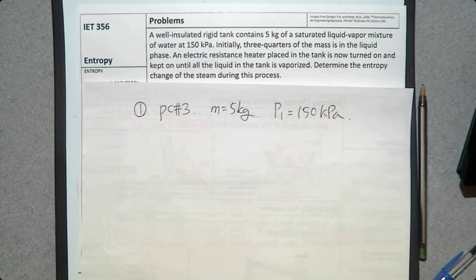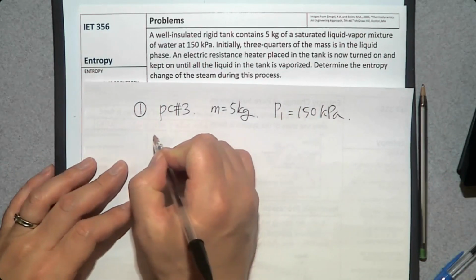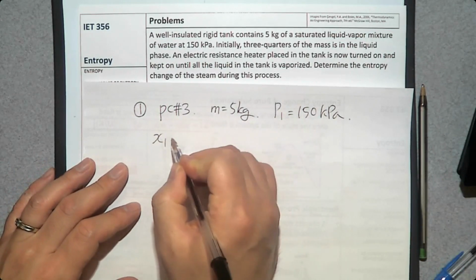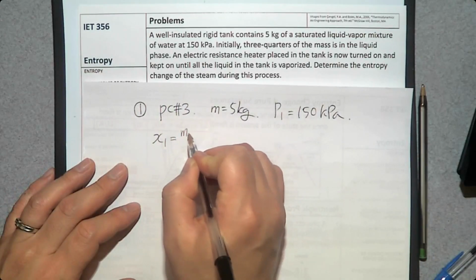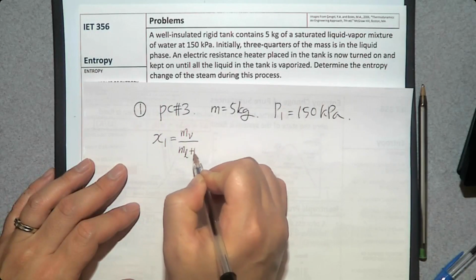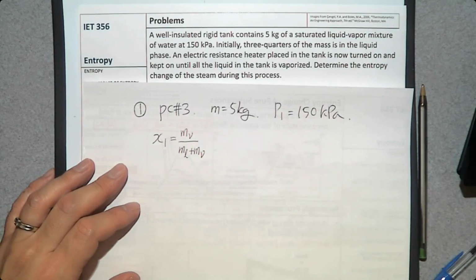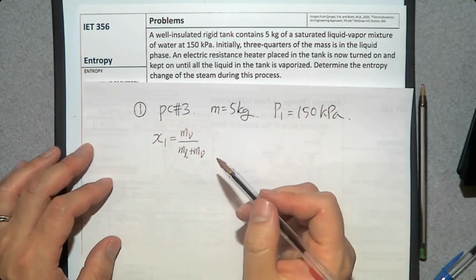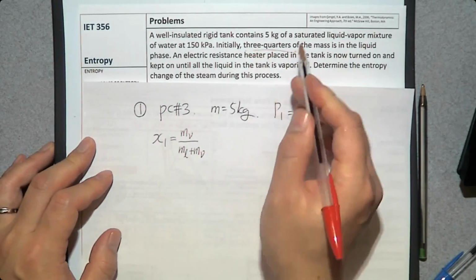Initially, 3/4 of the mass is in the liquid phase. So from here, we can determine the quality X. How can we determine quality X? Quality X is mass of vapor over mass of liquid plus mass of vapor. What is the amount of the liquid? 3/4.